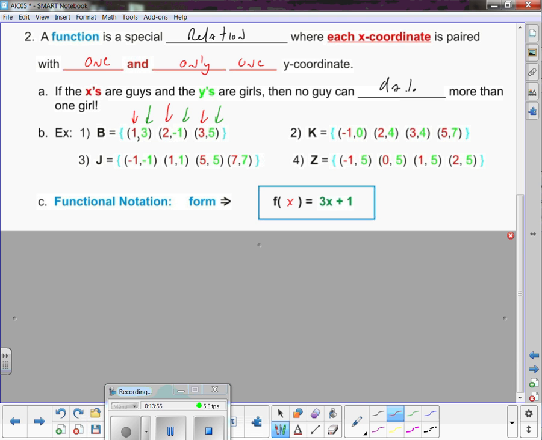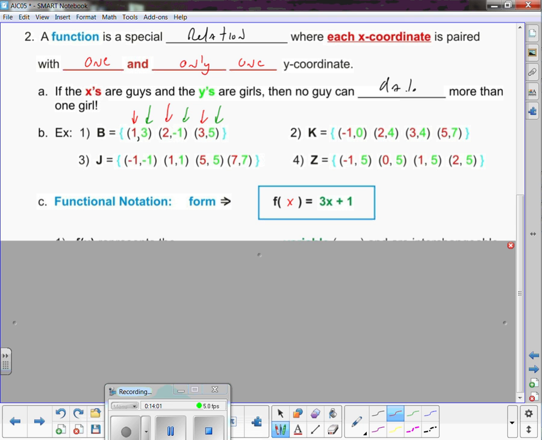In this case, we're going to put an x, because that's the normal way this goes. The way you would read this is "f of x." It's really shorthand for a function of x is the equal sign 3x plus 1. A function of x is 3x plus 1.